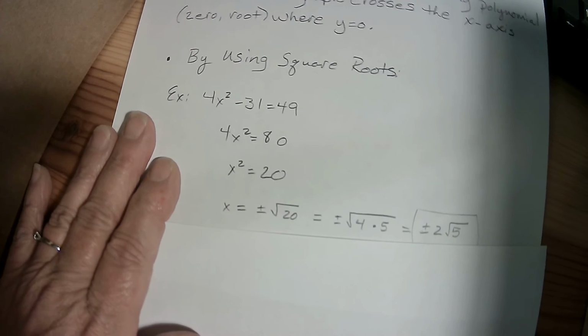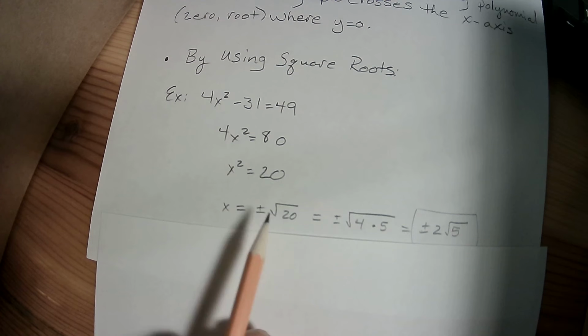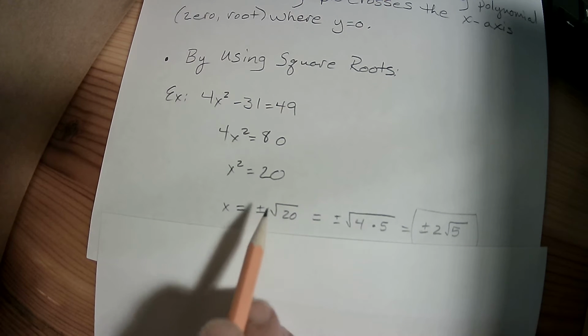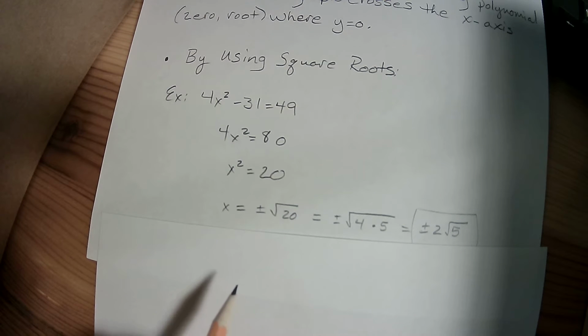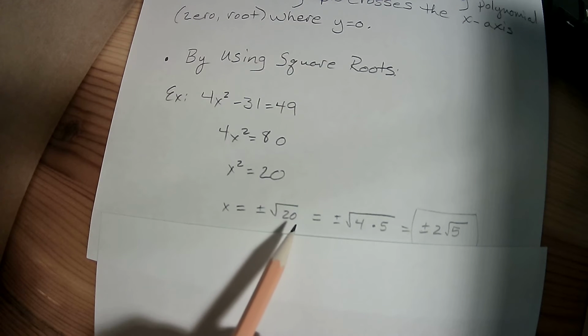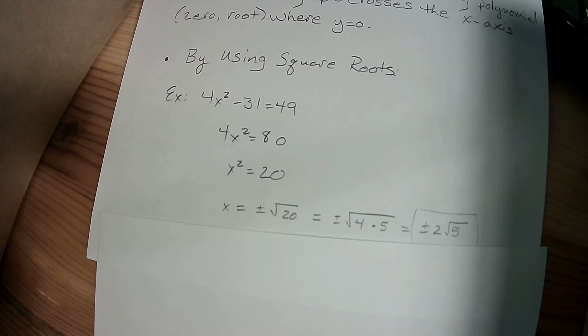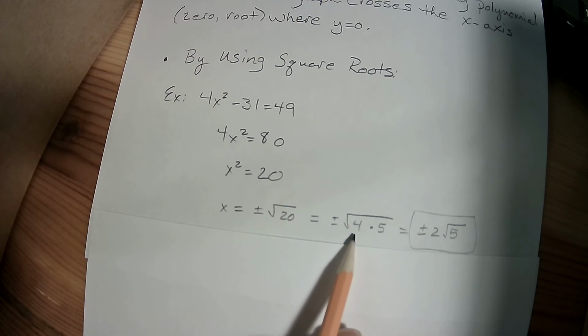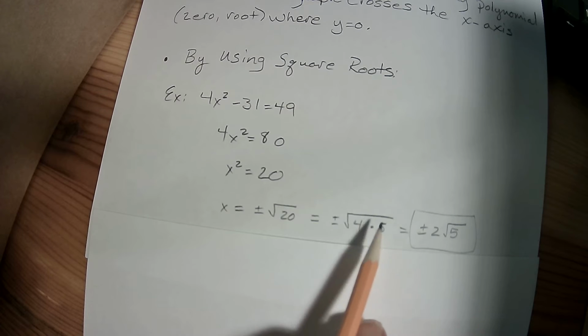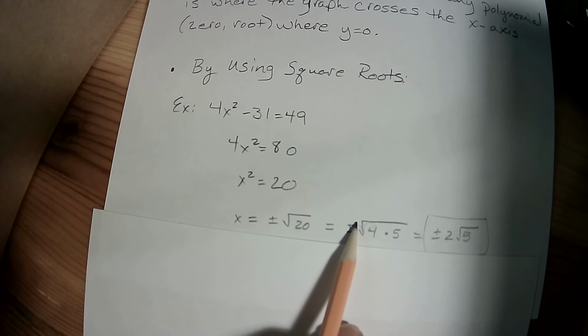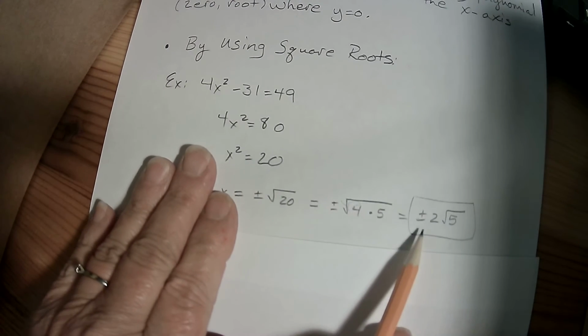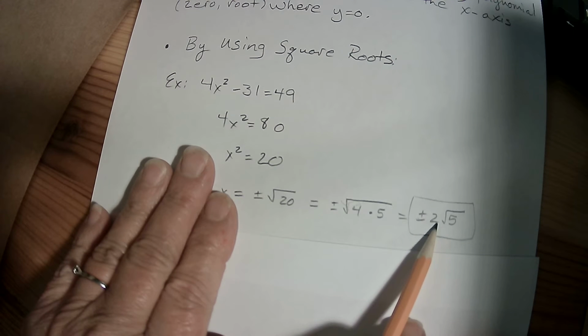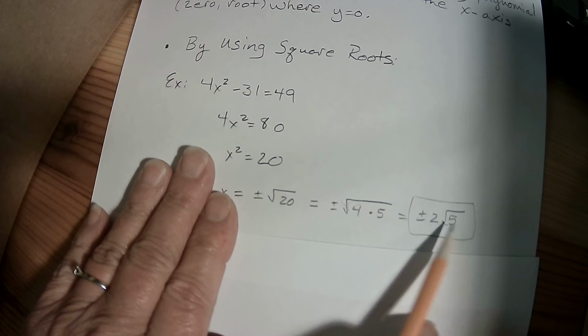And so x is equal to, and you have to remember to do the plus or minus, because if you take the square root of a number, it has a positive square root and a negative square root. The square root of 20, we can simplify that to the square root of 4 times 5, and we know what the square root of 4 is, so we take that out, and we're left with just plus or minus 2 times the square root of 5.